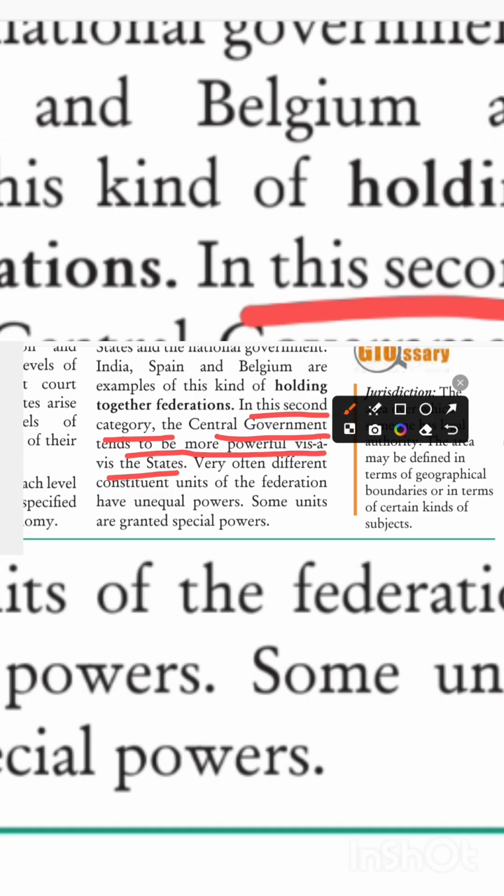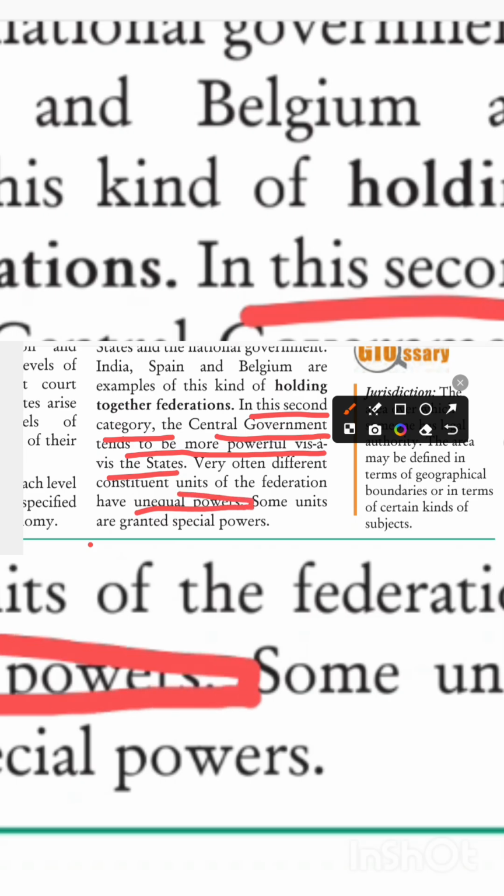In case of India, the central government has centralized tendency. That means the central government controls the other units. So very often different constituent units of the federation have unequal powers, and some units are granted special power.